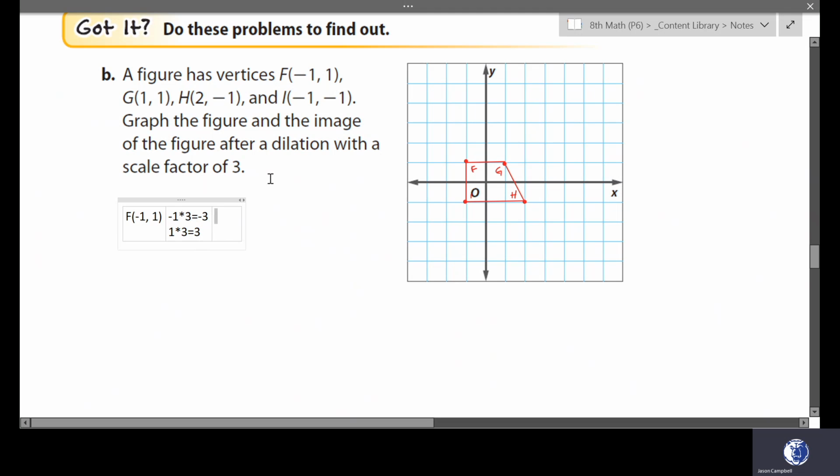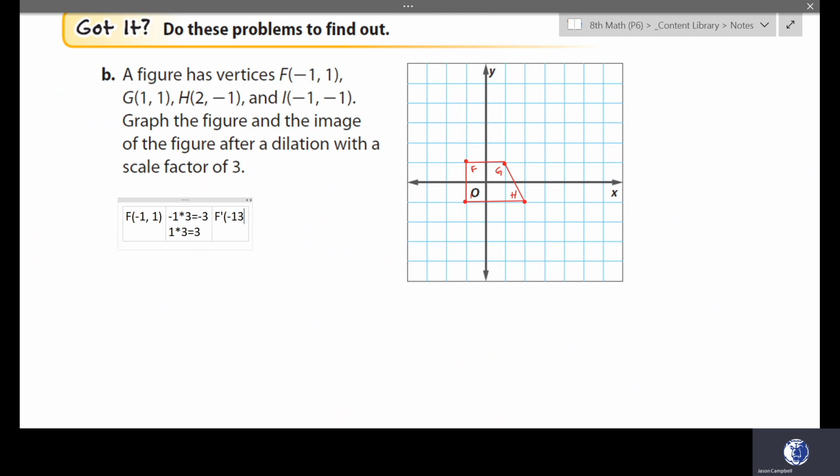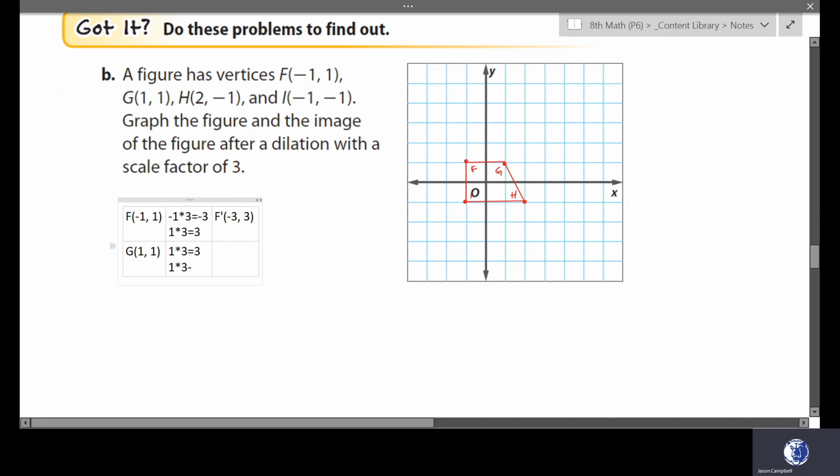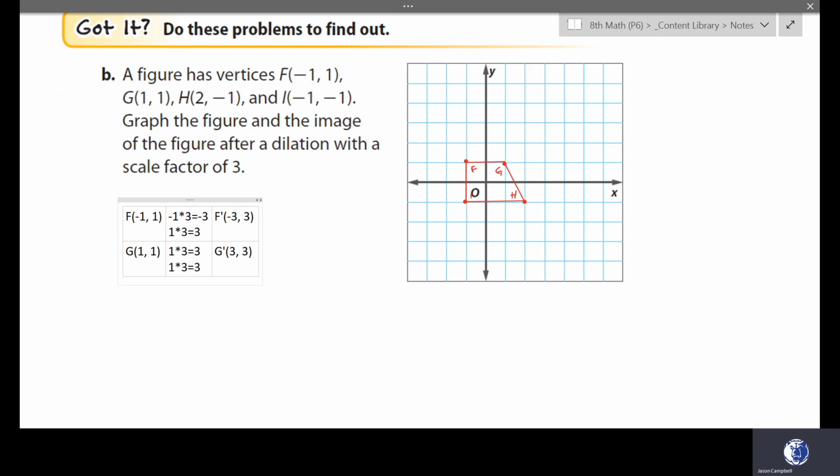So then our new point for F prime is going to be at -3, 3. For G, which was at 1, 1, we could do 1 multiplied by 3, and then 1 multiplied by 3 to get our new point for G prime, which is going to be located at 3, 3.